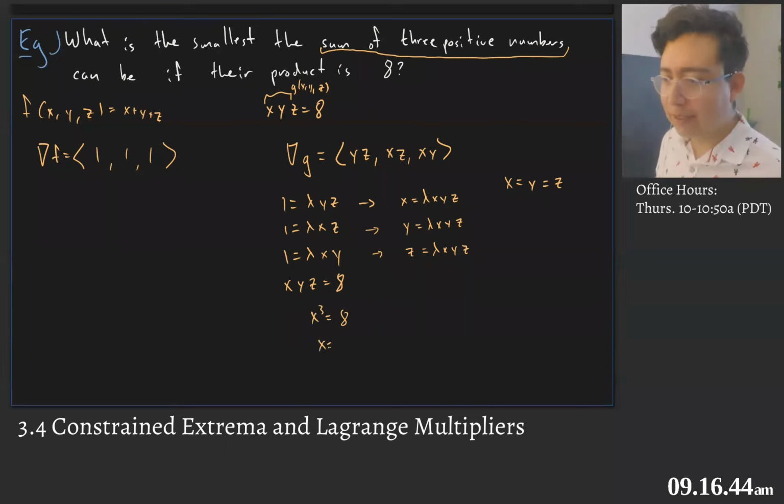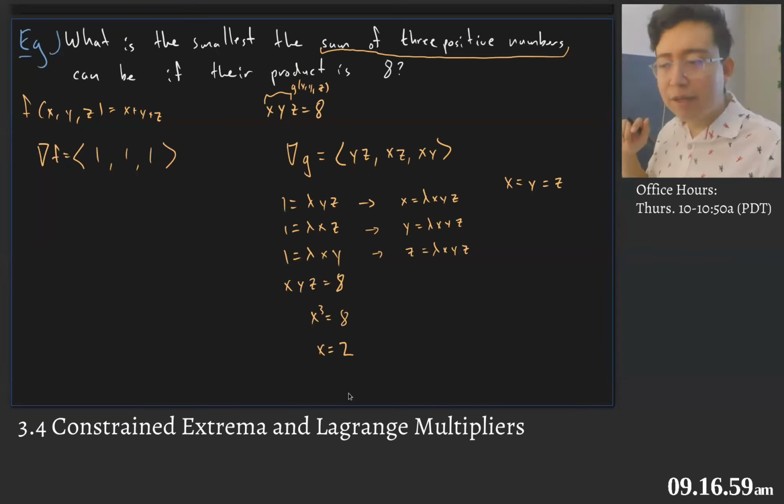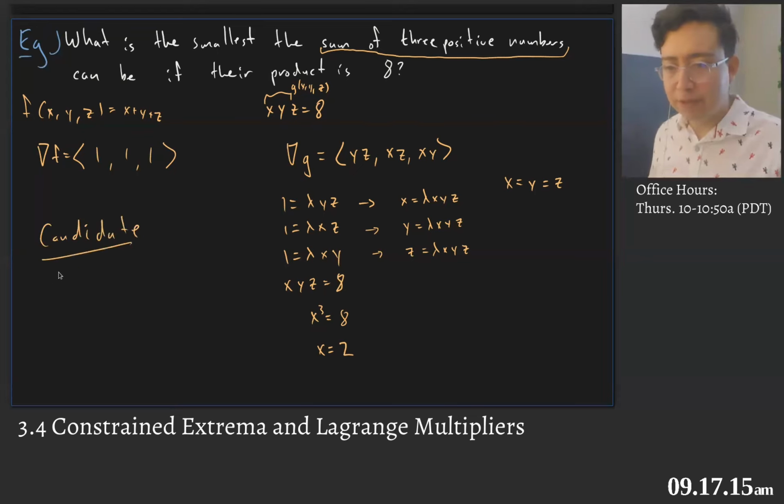So x has to equal positive 2, right? Remember the cube root, you don't get a plus or minus, you just get a positive, right? So that means that x equals y equals z is equal to 2. And so then the only candidate we have is 2, 2, 2.